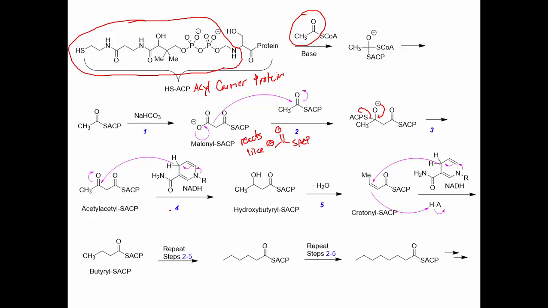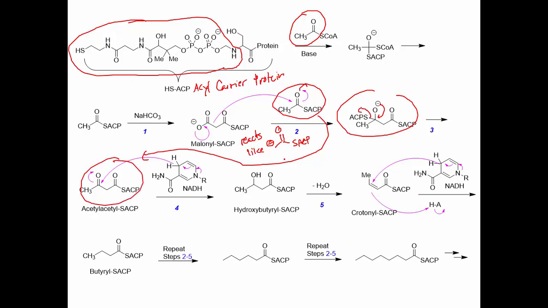And if we look at this process going from here to here, this is just the Claisen condensation, okay? A reaction very familiar to us, okay? All right, we're going to reduce the ketone to the alcohol. We're going to dehydrate it.